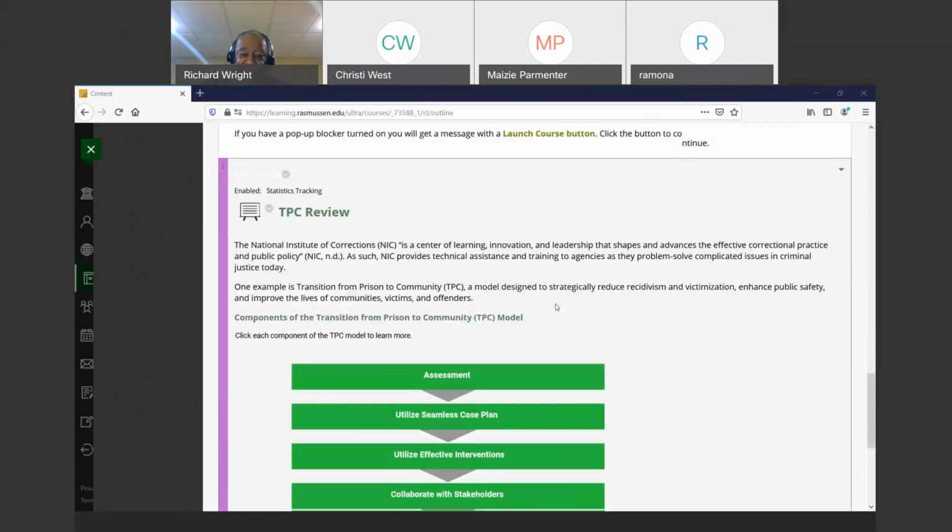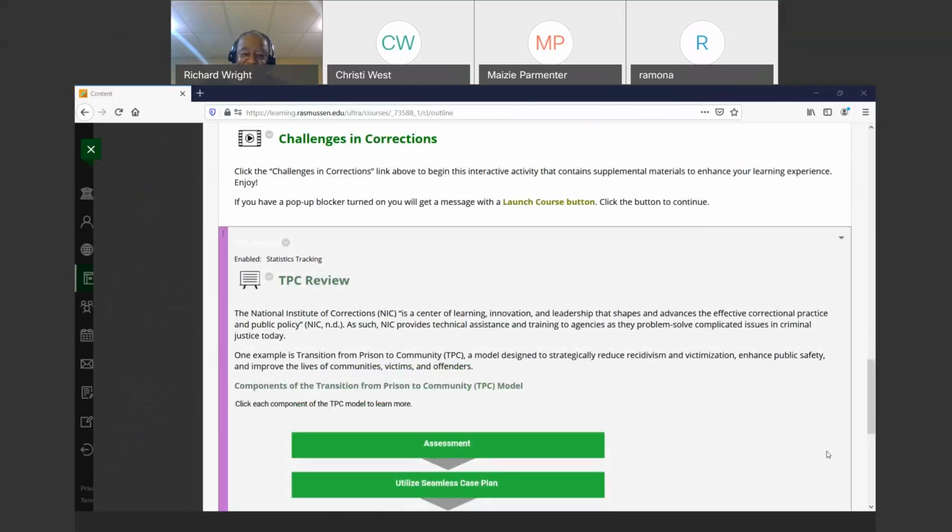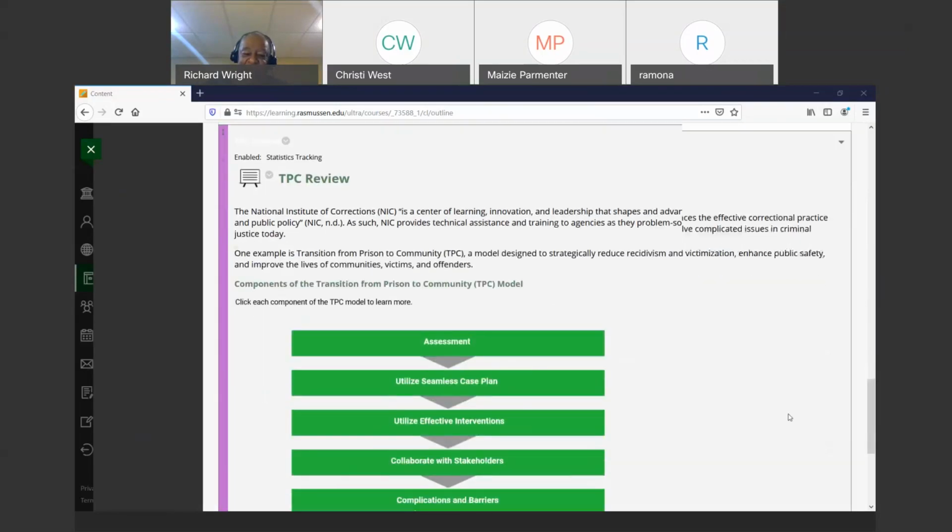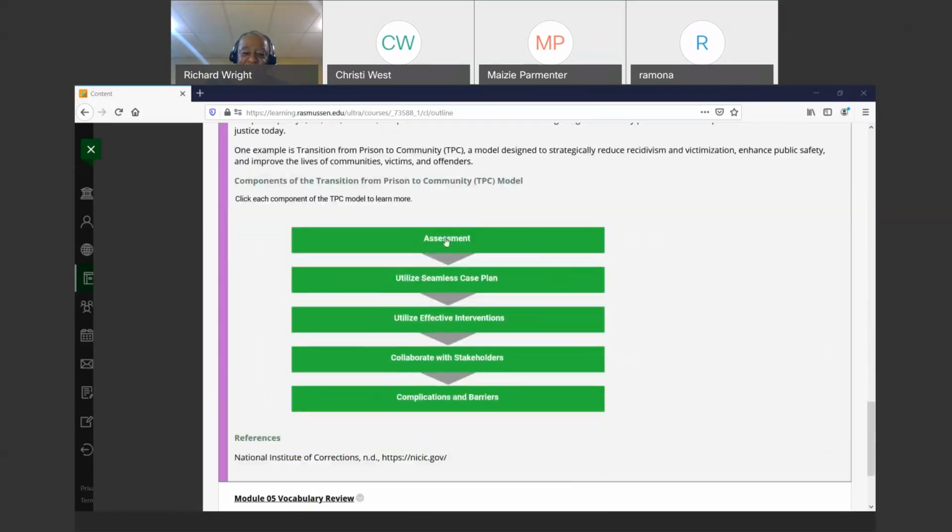All right, so dealing with the TPC review, that is transitioning those individuals from prison to the community. And there's a general model that you utilize in terms of helping them. And they have several steps. The first step is to assess what those needs are.